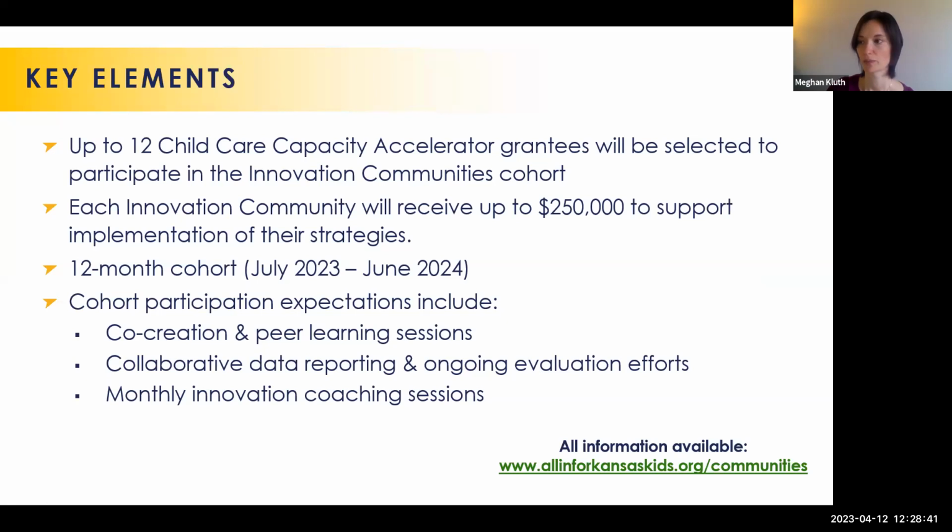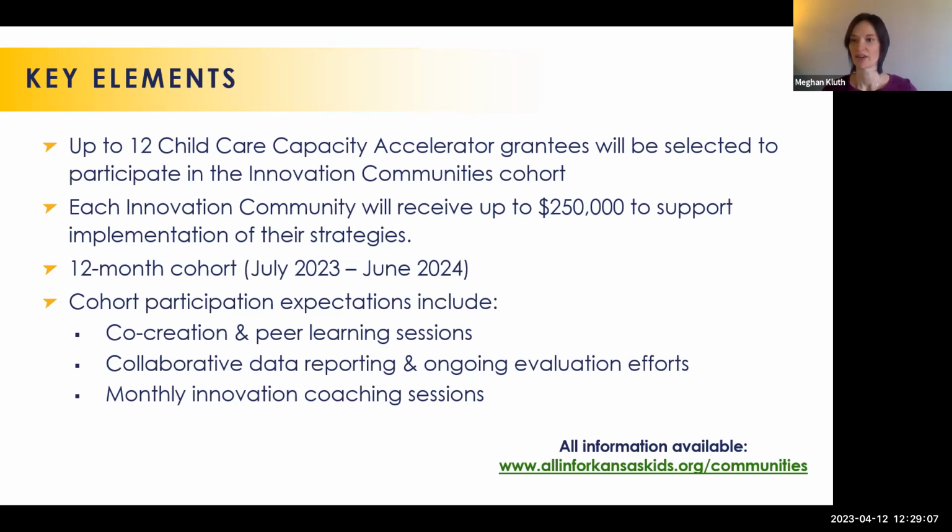So we plan to fund up to 12 communities from the Childcare Capacity Accelerator grantees to participate in what we're calling the Innovation Communities Cohort. And we'll talk a little bit more about why we're calling it a cohort in just a minute. The maximum award amount for the innovation community, again, that add-on only, is $250,000. And that is really money to implement your strategies.